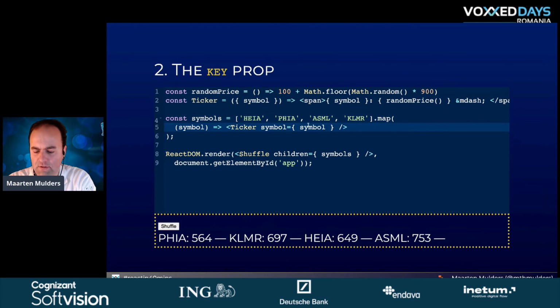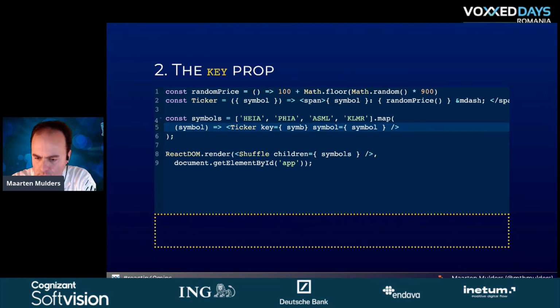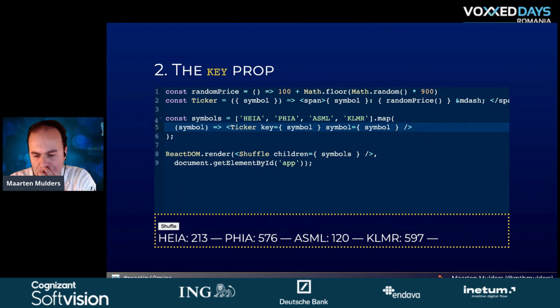And you can fix that using the key prop. The key prop is something that you don't consume yourself, you just pass it on. And now if I give it the symbol as a key, and I start shuffling again, Heineken is now 213. Heineken is still 213, even if it's shuffled places.